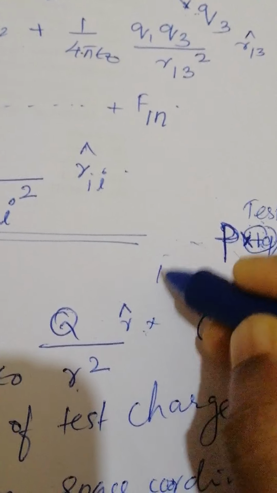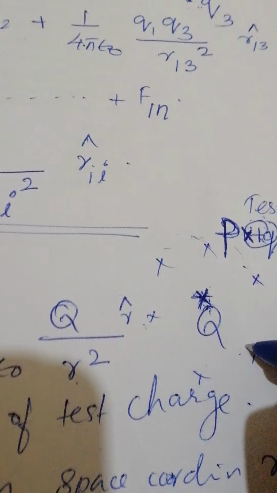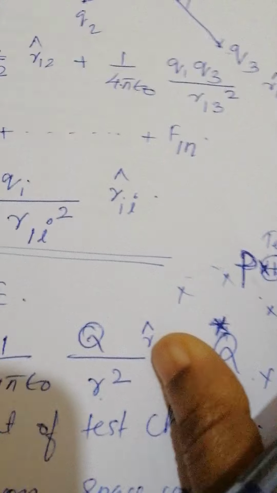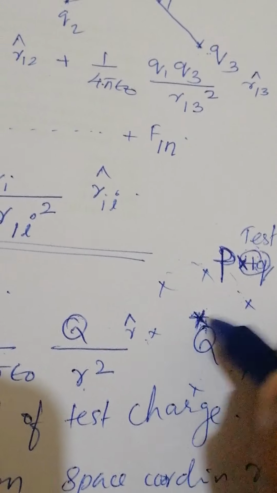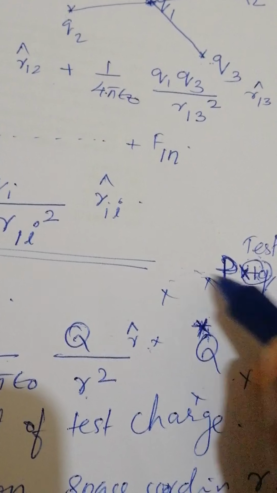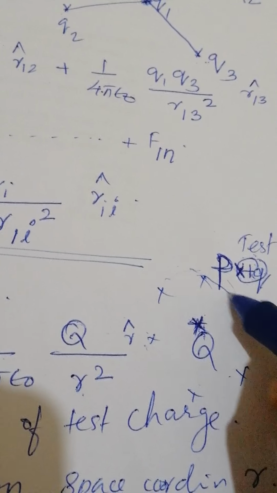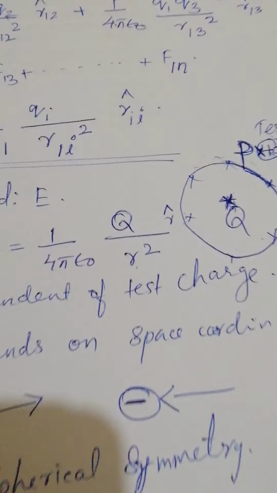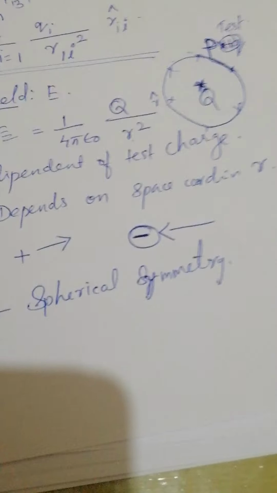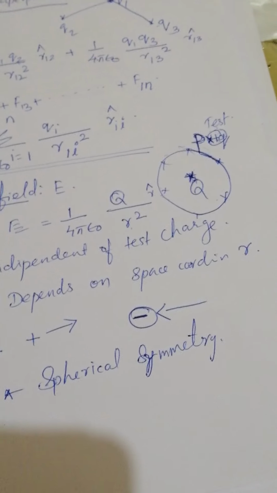At equal distances from Q, from this charge, the magnitude of electric field is the same. So it will show a spherical symmetry. These are the points associated with electric field.